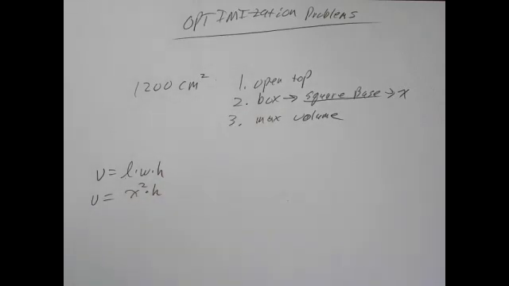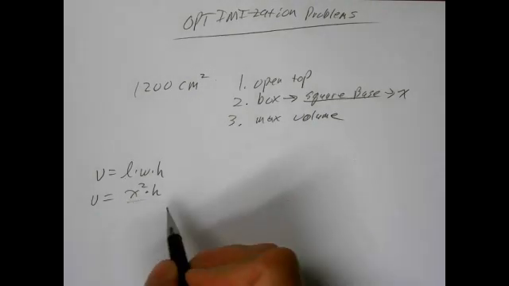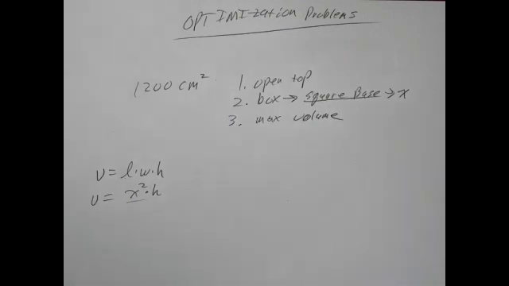That becomes our volume equation. So this is the equation we're going to need to maximize. But my problem is, and this is going to be a problem you have a lot, I've got too many variables in here. I cannot deal with two different variables when I'm taking a derivative. I only know how to take a derivative in one variable.